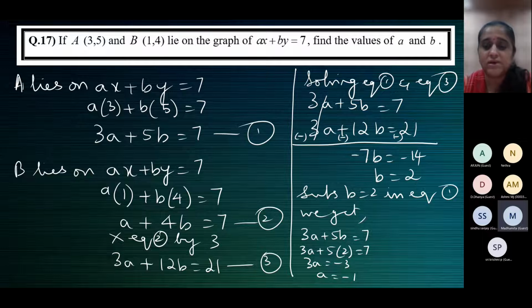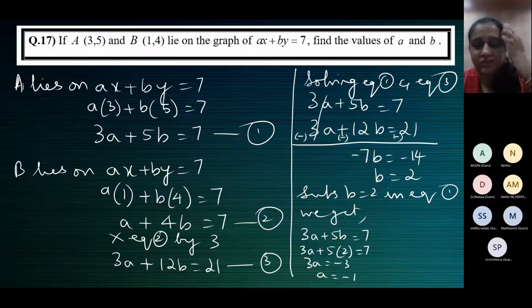Excuse me, ma'am. Can you please explain how we obtain the third equation? Yeah. So basically, to solve the two equations, the coefficients of A and B must be the same. Now in the first equation, we have 3A. That is, the coefficient of A is 3.